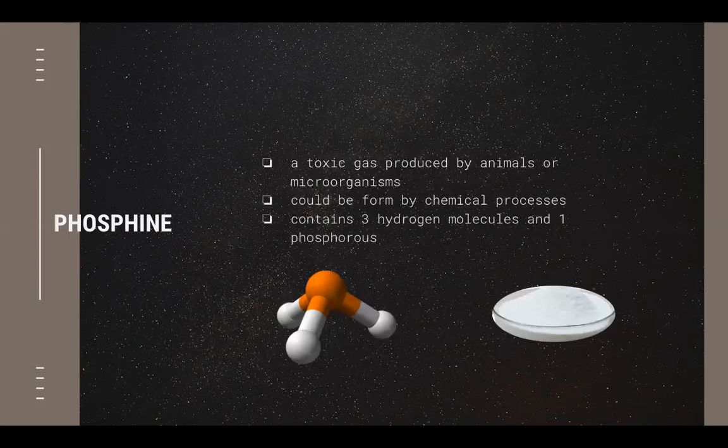So this phosphine is a kind of toxic gas produced by animals and microbes through an unknown process, and it could also be formed by chemical processes, and it was used as chemical warfare in World War I. It was found at the bottom of lakes, in sludges, in piles of penguin waste, and in the guts of animals.